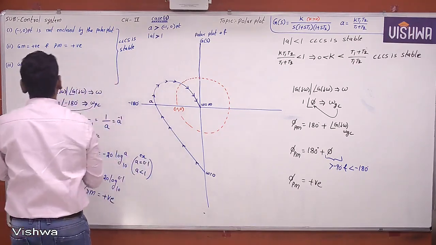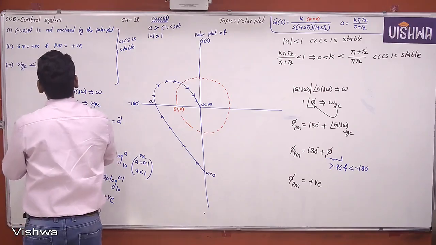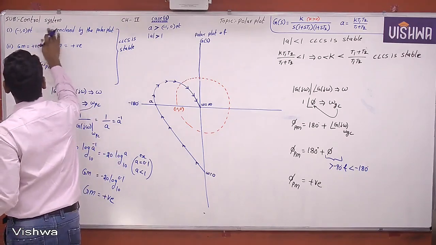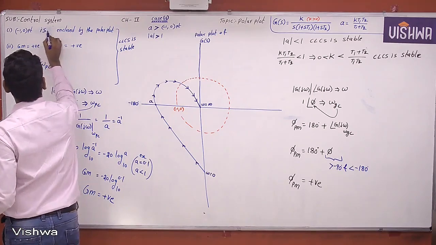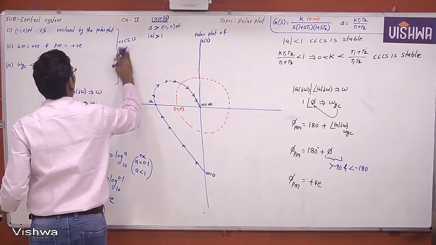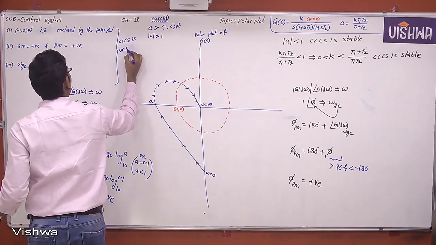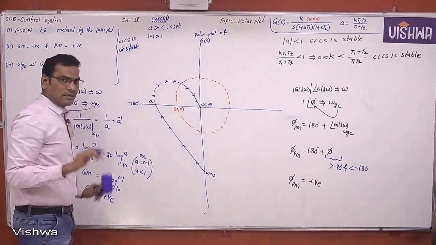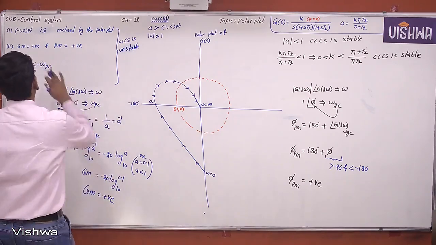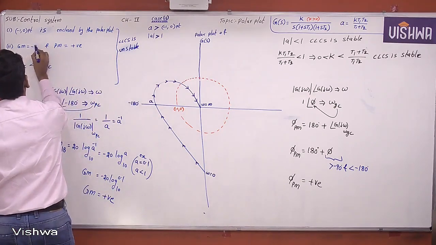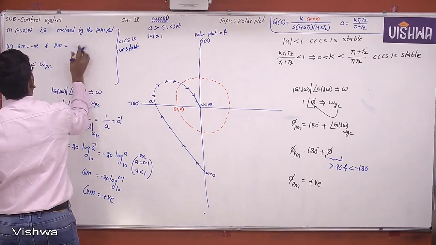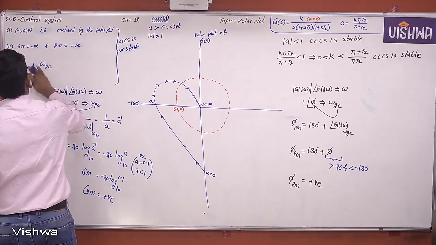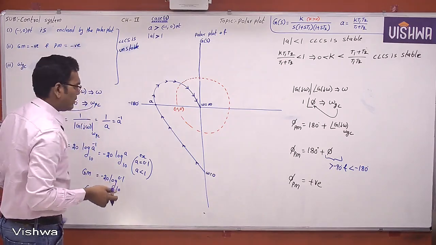Now the minus 1 comma 0 point is enclosed by the polar plot. The closed loop control system is unstable. Understand or not? Not enclosed, stable; enclosed, unstable. Immediately I am saying gain margin is definitely negative, phase margin is definitely negative. Is that correct or not? We will cross check.